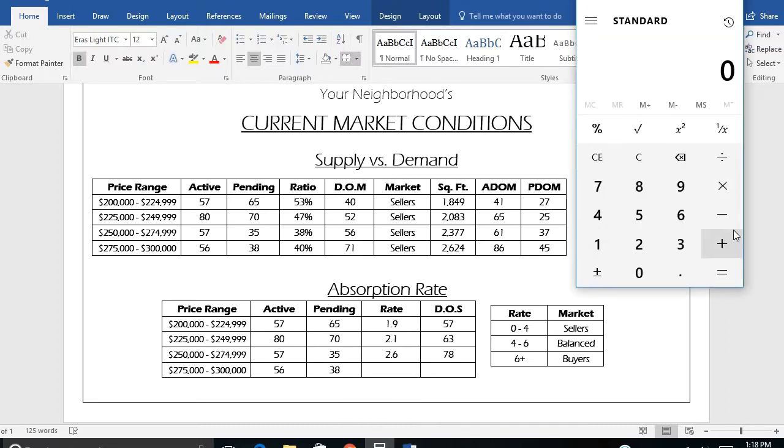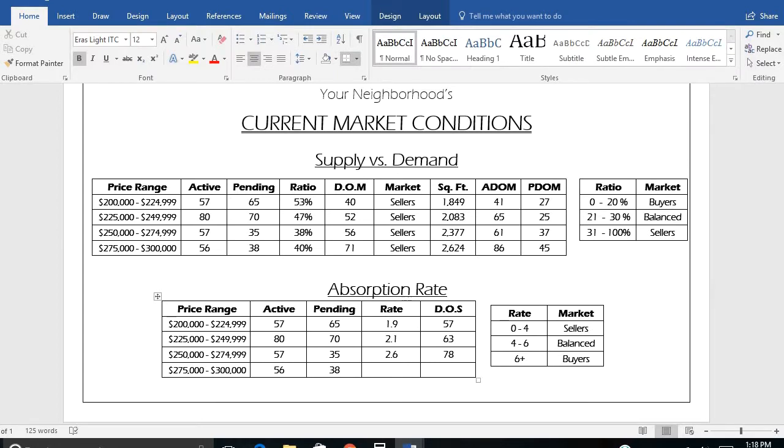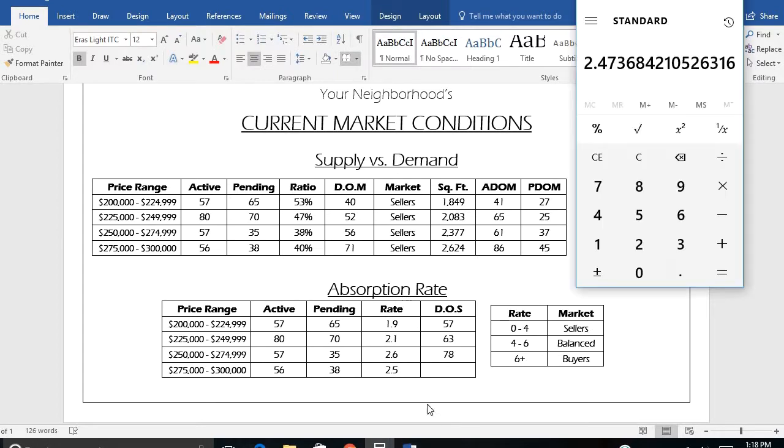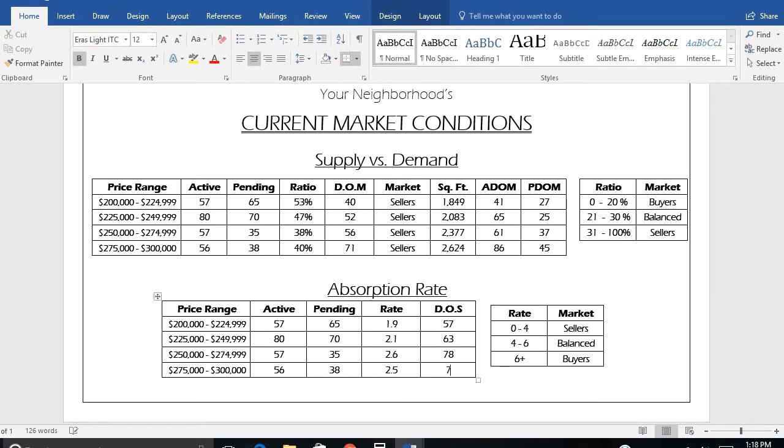Okay, 56 plus 38 is 94 divided by 38, which is our pending, gives us 2.47, so we're going to round that up to 2.5. 75 days. So all in all, properties are moving really fast in that 100,000 spread.